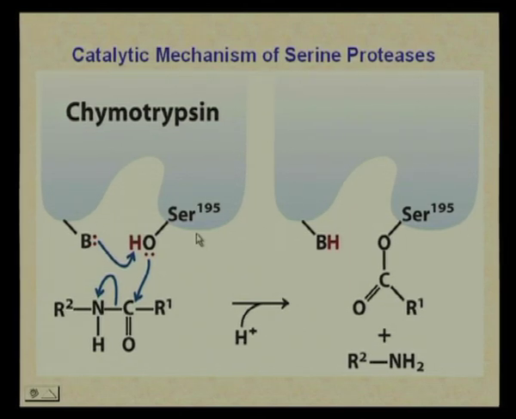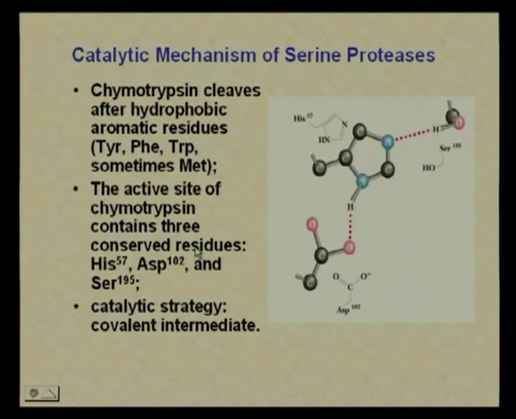Okay. And what is the important residue here? Serine 195. Okay. Now, let us go into detail. What happens here is we have three important residues. These three are histidine 57, serine 195 and aspartic acid 102. Okay.